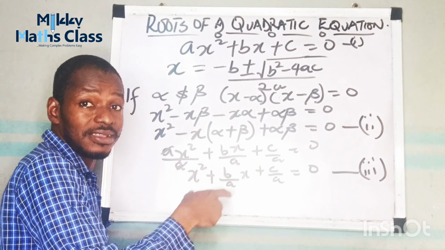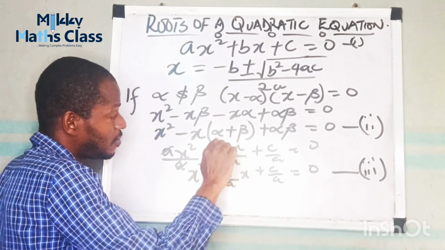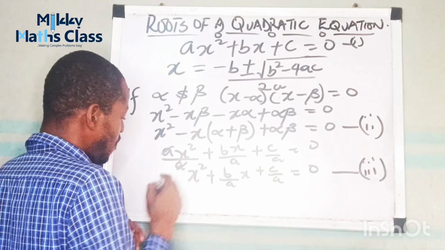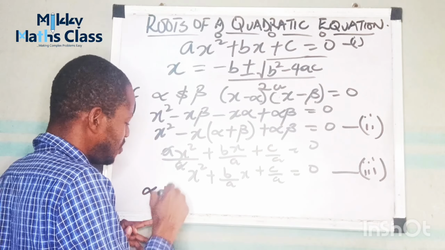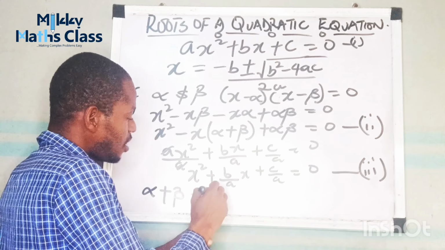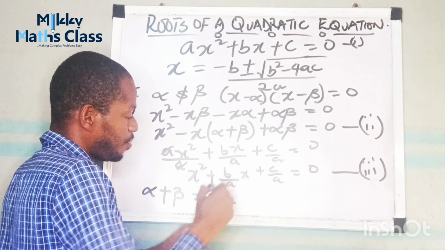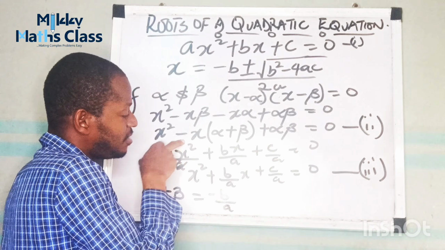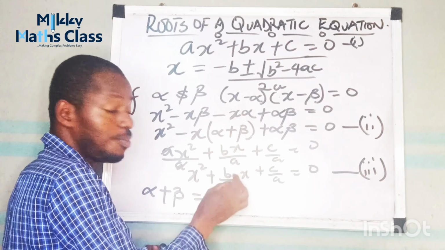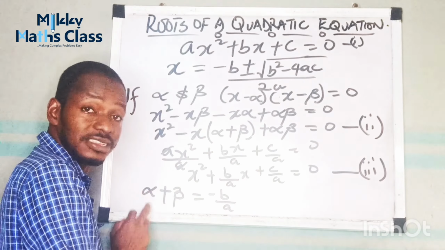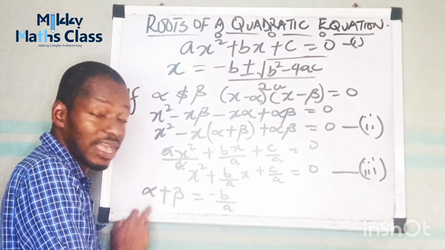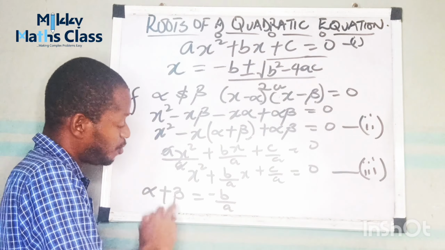So by comparing, we have that the sum, which is alpha plus beta, when I add the roots of a quadratic equation, will be negative b over a. When I compare it, this is negative x, so negative alpha plus beta is equal to b over a. When I multiply both sides by negative 1, I have my alpha plus beta.